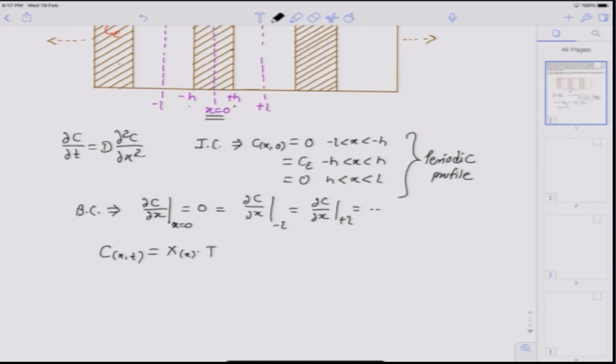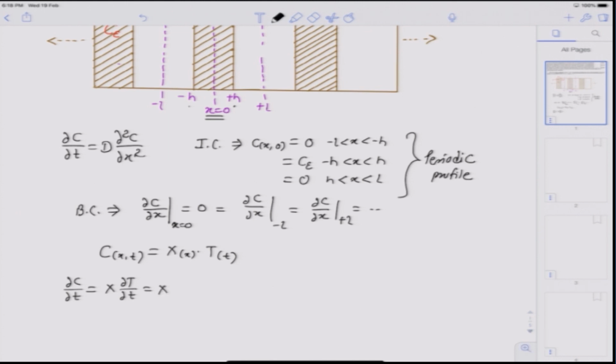Capital X is a function only of small x, that is the distance coordinate, and capital T is a function only of small t, that is time. So, with this, ∂C/∂t becomes, since X is only a function of x, we have X ∂T/∂t, and since T is only a function of time t, we can replace this partial derivative with an ordinary derivative.